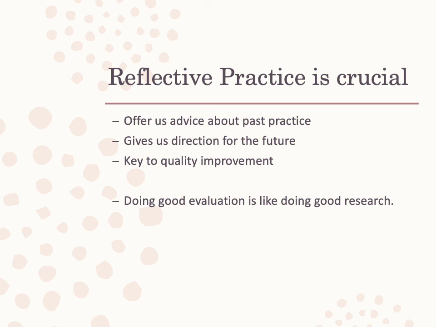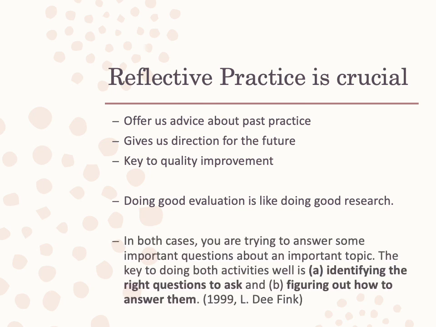Evaluation means that we look at how we've impacted on the children's learning, yes, but also how we've impacted on all of the domains as well, making sure that we've created positive impacts with the parent community, with the different caregivers, or with our wider community and so on. You're always trying to work out what are the right questions to ask and how you're going to answer them. So reflective practice is absolutely crucial in the work that we are doing in our classroom.